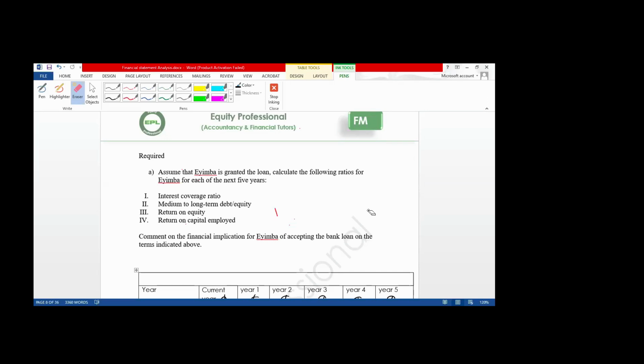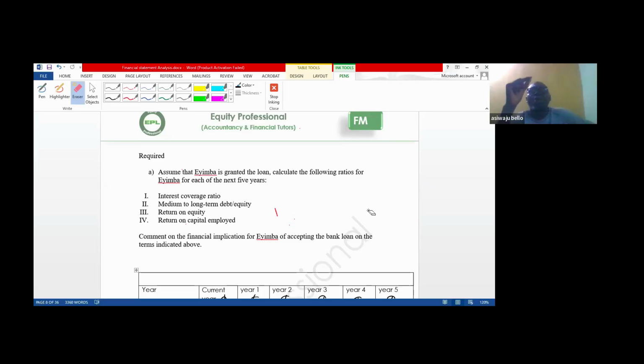What are the concerns? You are going to ask your MD, please, sir, let us check our liquidity. Do we have enough cash flow to meet the annual capital repayments and the interest payment every year?